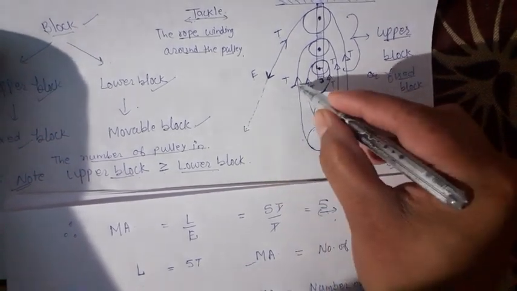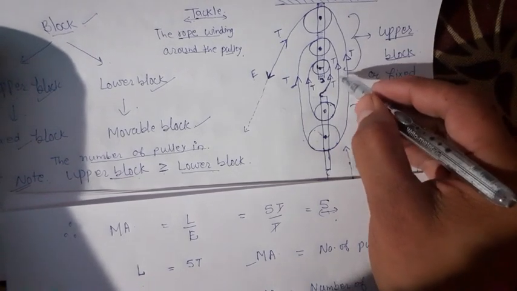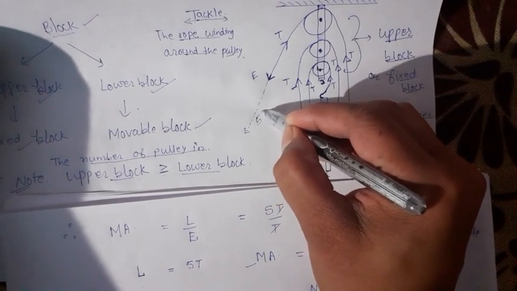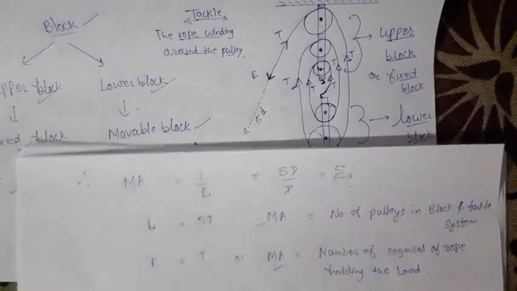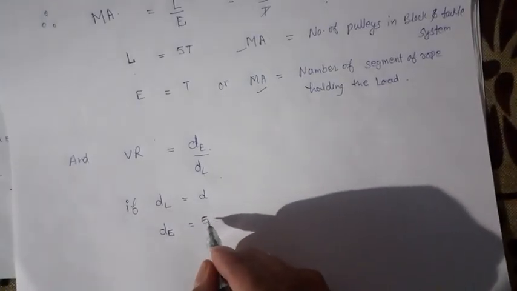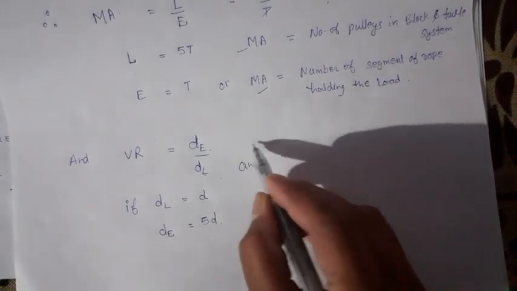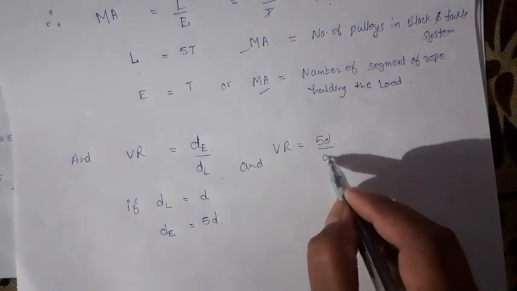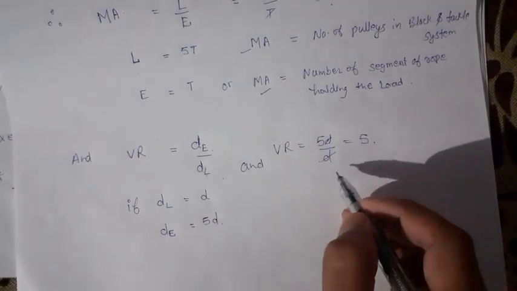How many segments of the rope are there? There were 5, and therefore that displacement will be 5 times d. So I get over here 5d. And the velocity ratio will be 5d upon d, and it is 5. Okay, so thus I have over here velocity ratio 5.